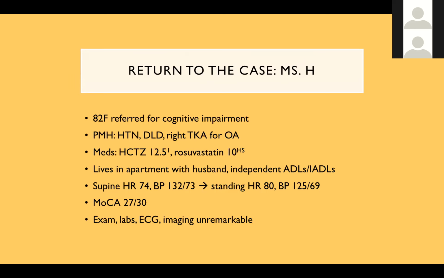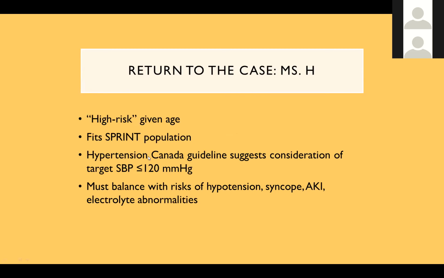She's from home, not institutionalized. Her standing blood pressure was not below 110 millimeters of mercury, and so, going by Hypertension Canada's guideline for isolated hypertension, she would meet consideration for more intensive treatment, for a systolic blood pressure less than or equal to 120 millimeters of mercury.